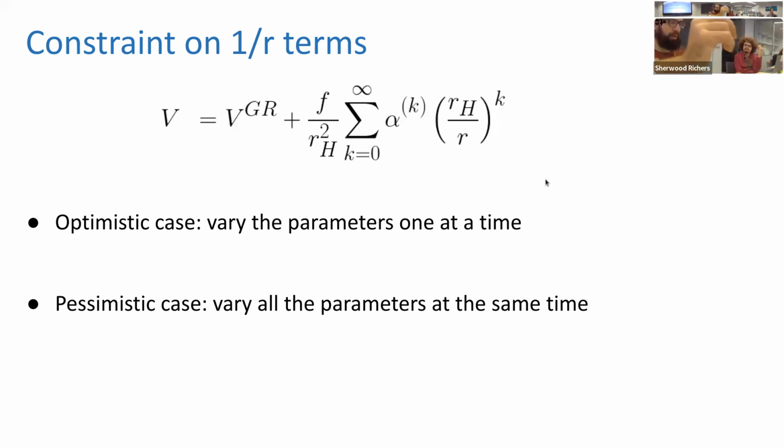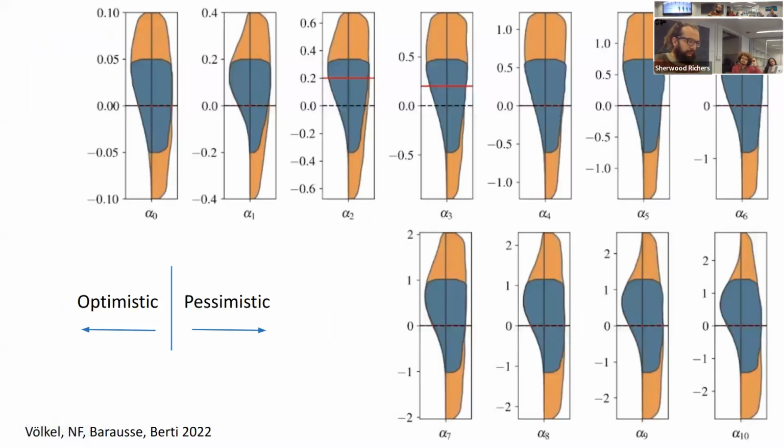We can try an optimistic case, when we vary only one parameter at a time and try to reconstruct that, knowing that all the others are not affecting the potential, or the pessimistic case, when we vary all of them at the same time. In these plots, each of the bands corresponds to trying to put a bound on a single alpha: alpha 0, alpha 1, alpha 2, alpha 3, up to alpha 10.